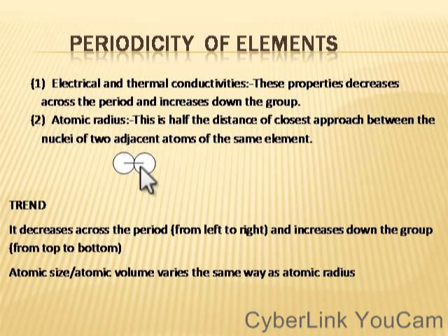Now, we say the atomic radius decreases across the period. The reason is that as we are moving from left to right across the period, this property decreases because the electrons that are being added are added to the same outer shell.